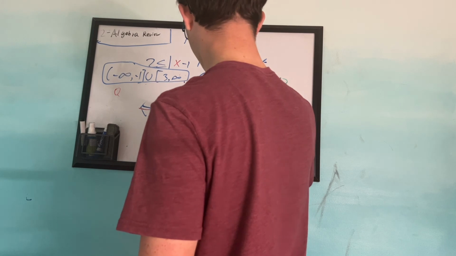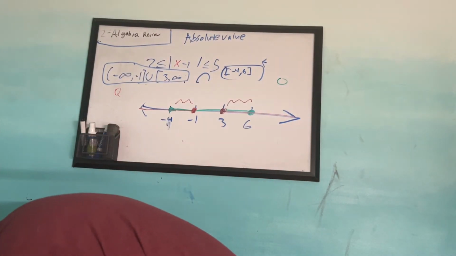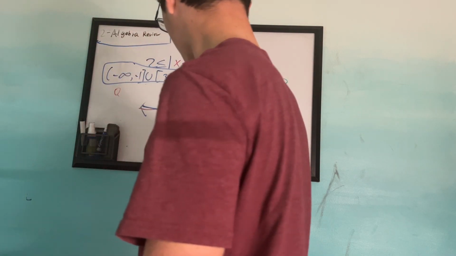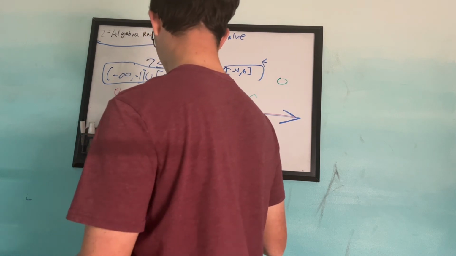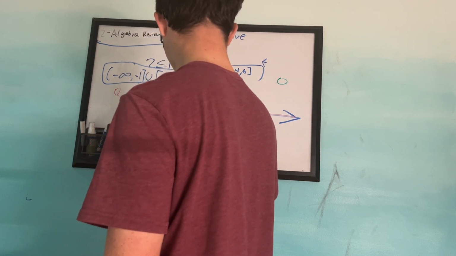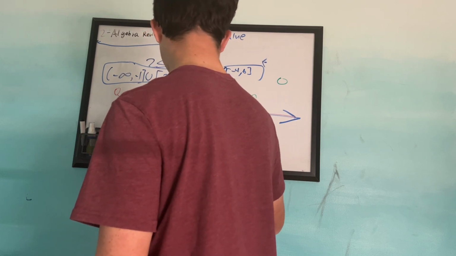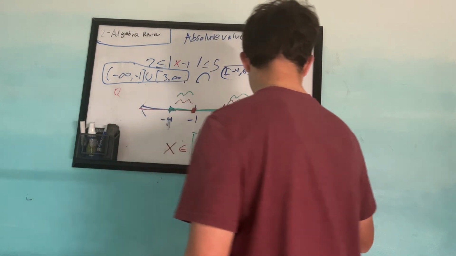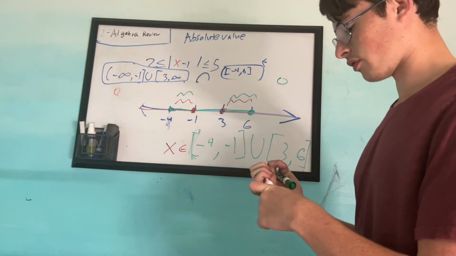We can see that these are the areas that have both colors, which allows us to finally conclude that x is in the set of, these should all be brackets, -4 to -1, union with 3 to 6. And that would be the end of the algebra review for chapter 2.